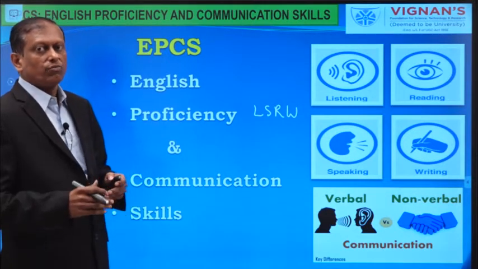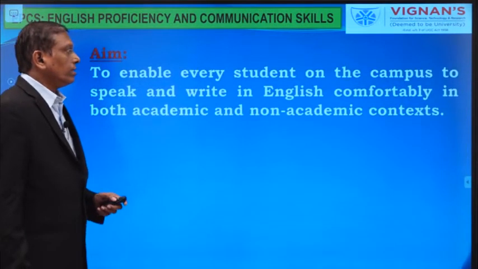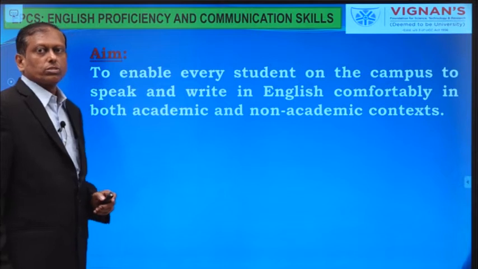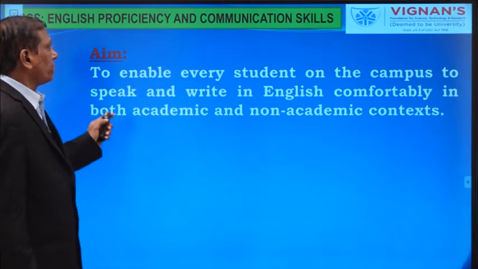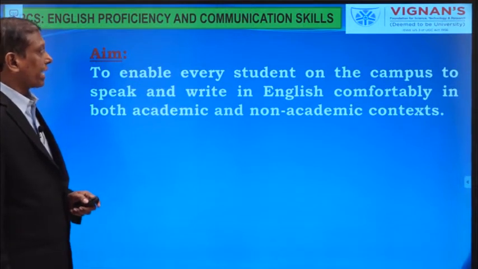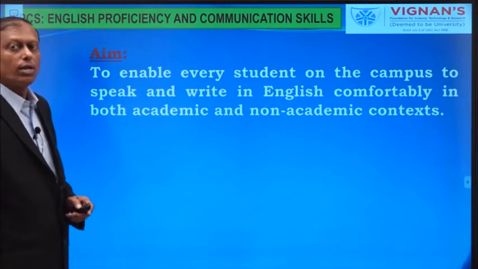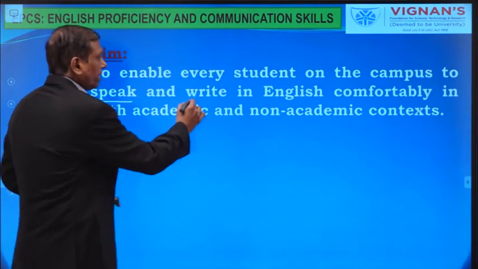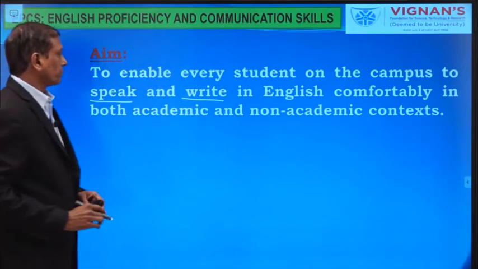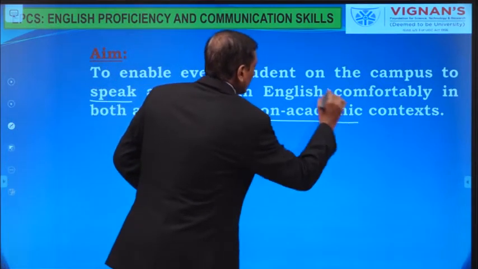And let me give you more details about this. The aim of this course, EPCS, is that it is to enable every student on the campus to speak and write in English comfortably in both academic and non-academic contexts. Look at these words, speak and write, both academic and non-academic.